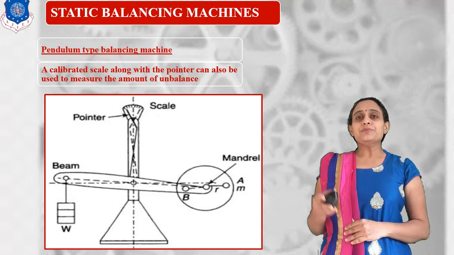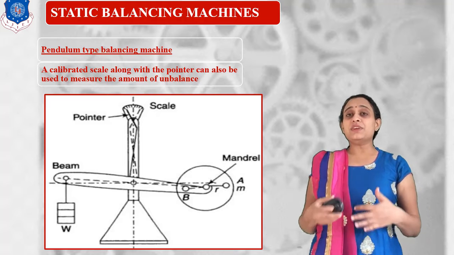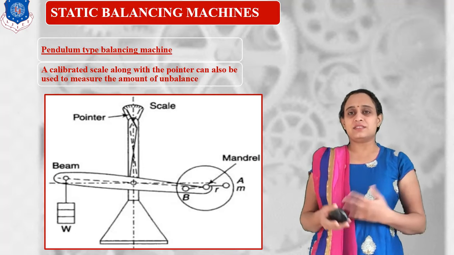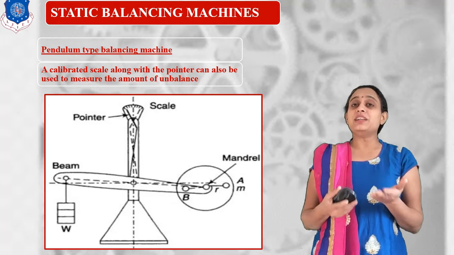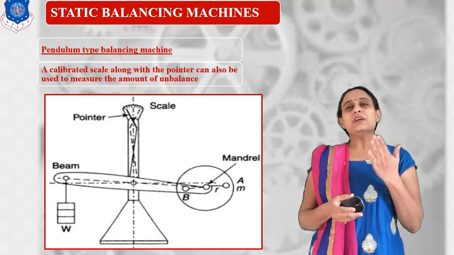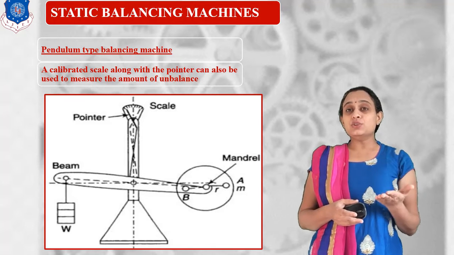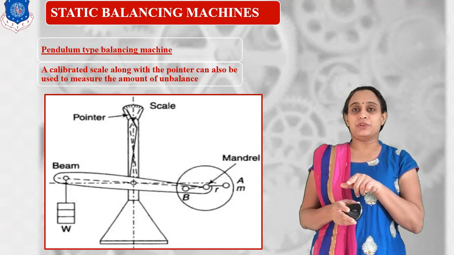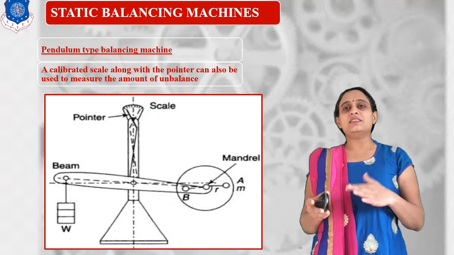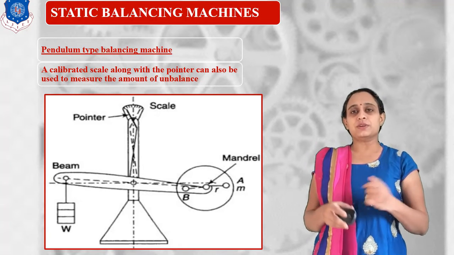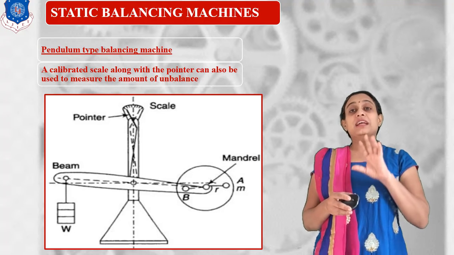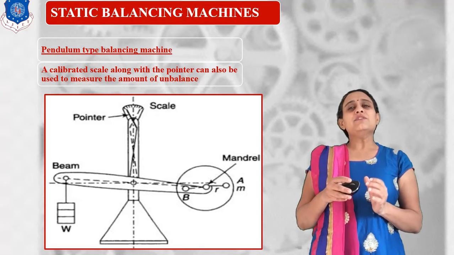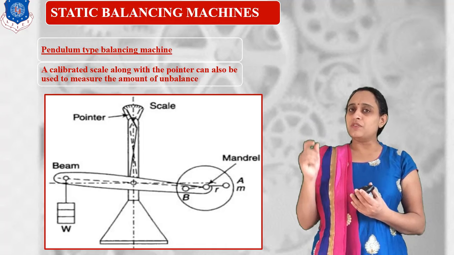Because we make so many products with casting or other systems, due to any defect the CG of that system may be deflected. If the CG is deflected, the mass center is not exactly at the midpoint. It will vary to the right hand side or left hand side, or slightly upward or downward. So we put our mass on the other side of the weight, and then give a slight rotation to our system.